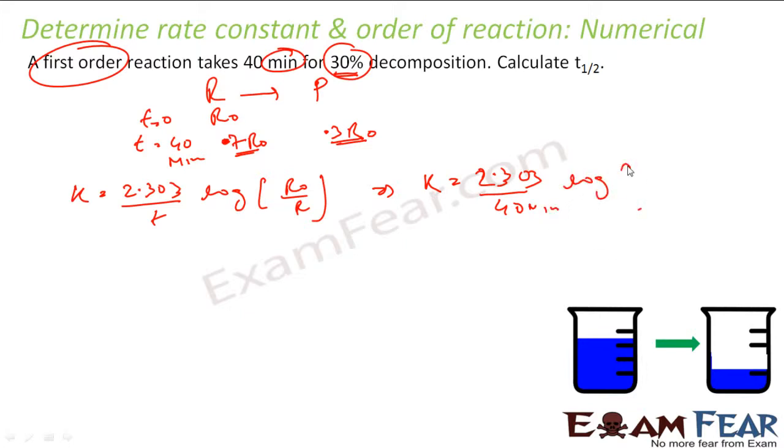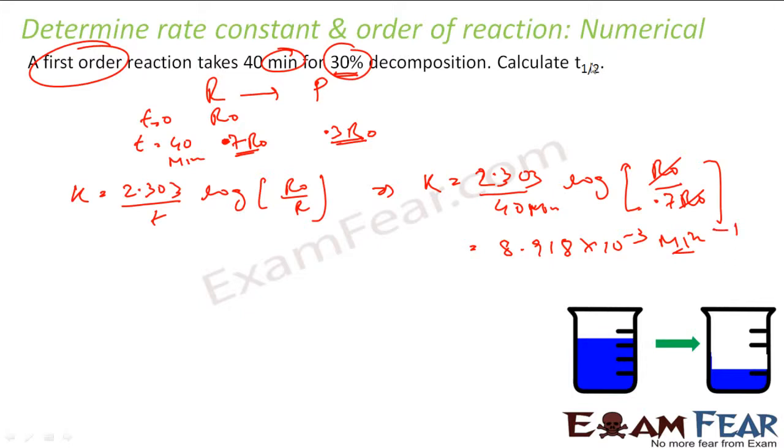Log of R0 by R. R is what? 0.7 R0. Cancel this. Right? So you solve this, you get the value of K as 8.918 times 10 to the power minus 3 per minute.